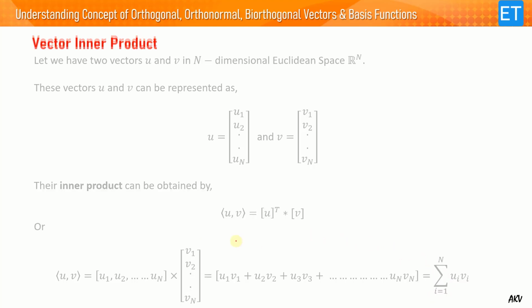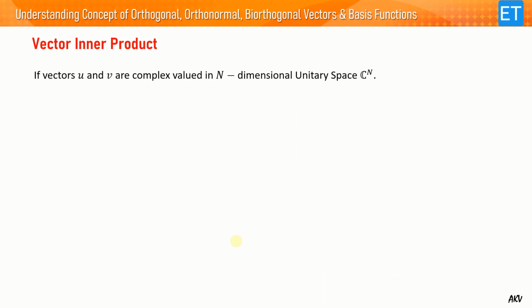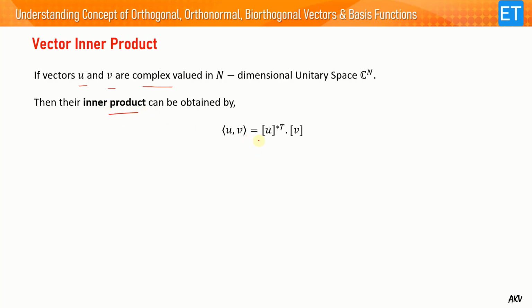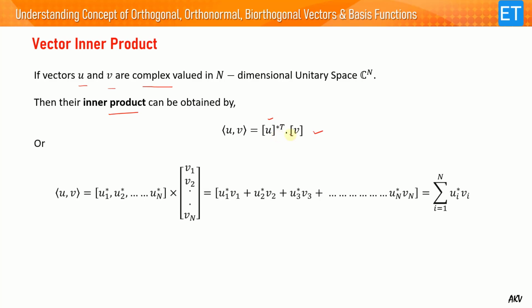Now let's consider if your vectors u and v are complex vectors, then how the inner product will take place. The inner product of these two complex vectors is defined by this equation. Here, first you take the complex conjugate of u, then transpose it and then multiply with the elements of v. So each element of u, we first take the complex conjugate, and then do element-to-element multiplication.